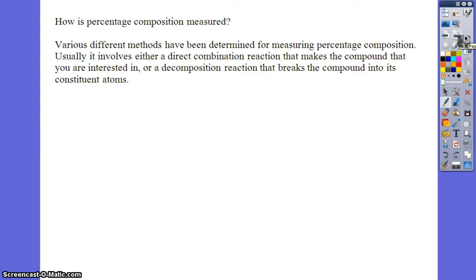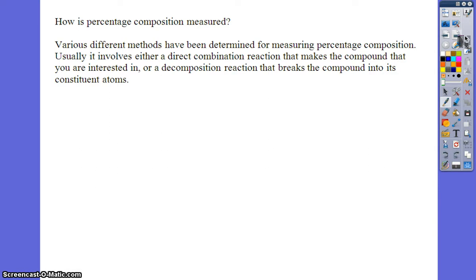So percent composition can be measured in various different ways in lab. Oftentimes it involves one of 2 reactions, either taking a chemical and decomposing it, say by heating it up so it breaks into its constituent parts at a high enough temperature, and then you measure how much of each substance comes off, and that can be done by various different methods.